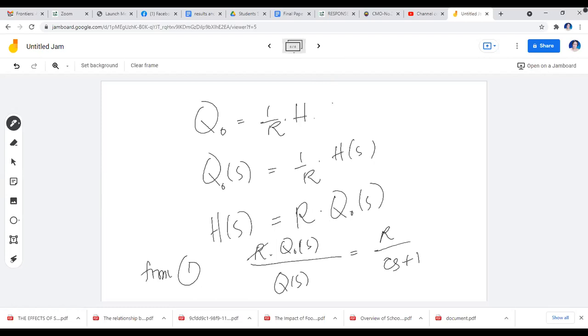So you can cancel out the R's, leaving you with this particular relationship between flow rate through the linear resistance and changes to the volumetric flow rate of the liquid entering your tank.